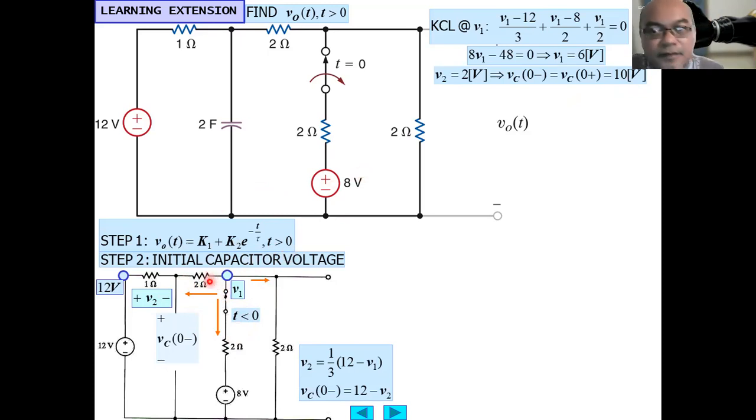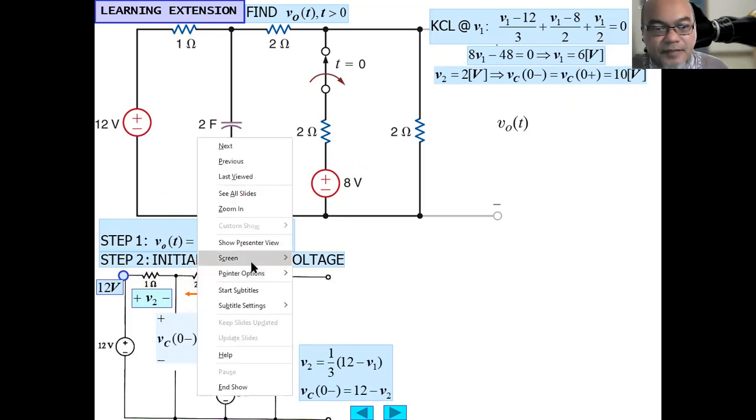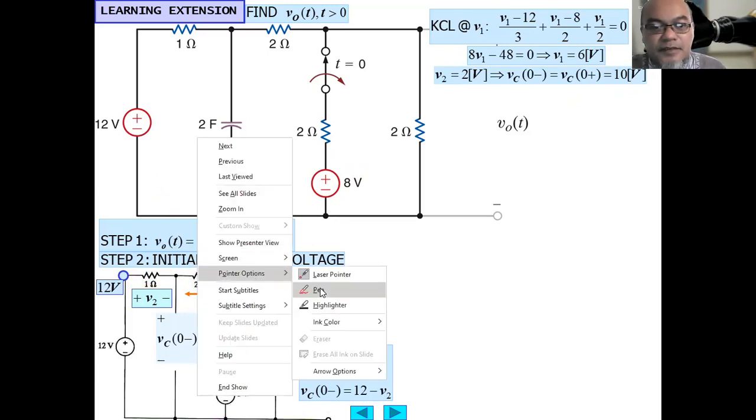V1 equals 6 volt. Then the current flowing through here is 12 minus 6 equals 6 divided by 3. Let's just do some simple calculation.